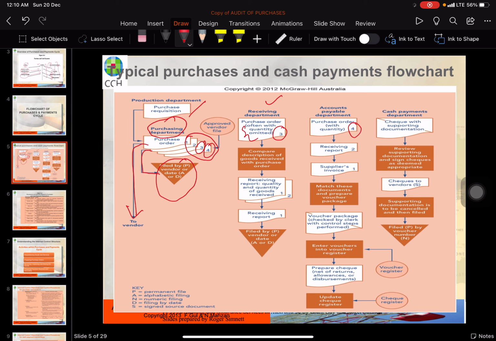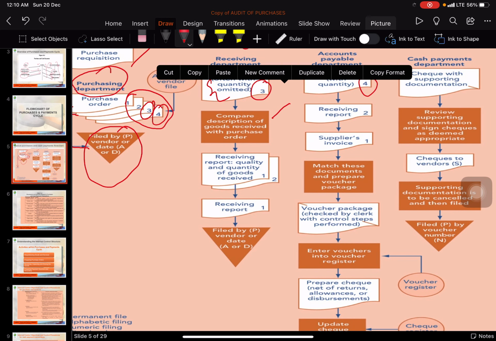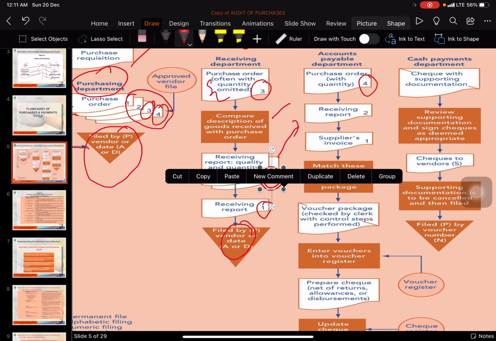So what they have to do is compare the description of the goods received with the purchase order, and then prepare the receiving report. The receiving report has 2 copies. The first copy is filed by the department. The second copy is sent to the accounts payable department.